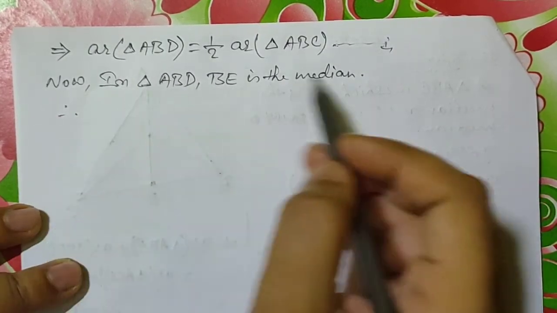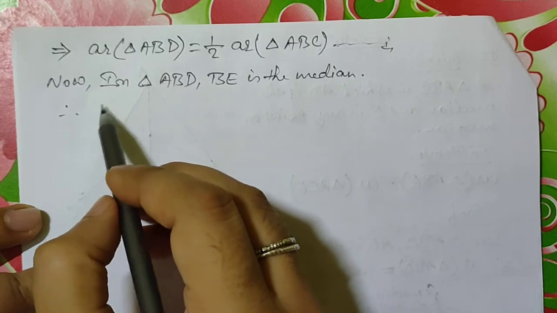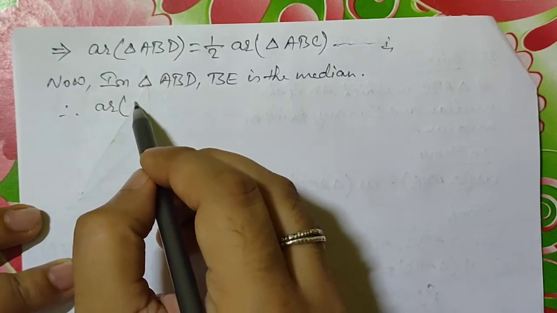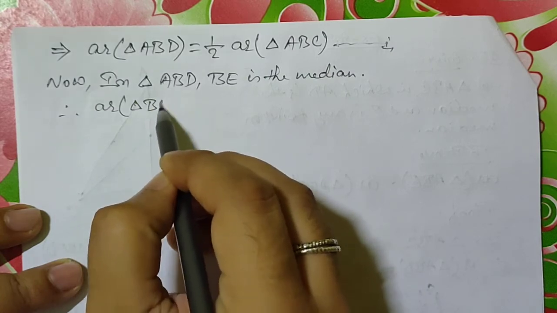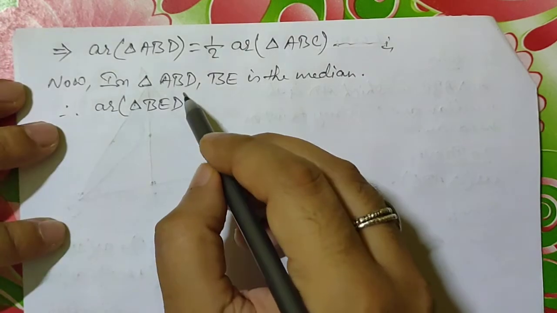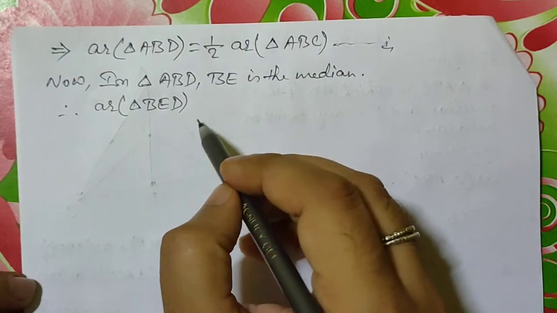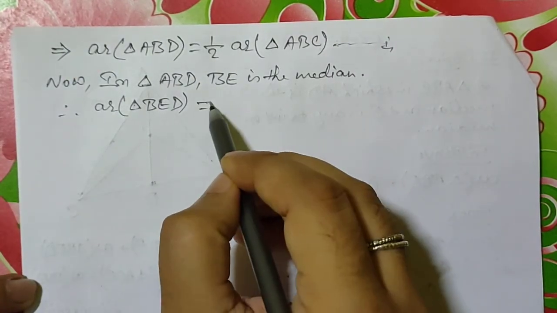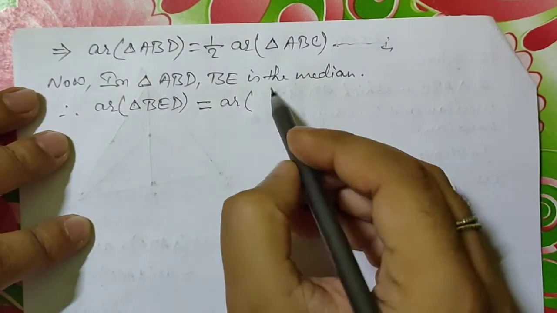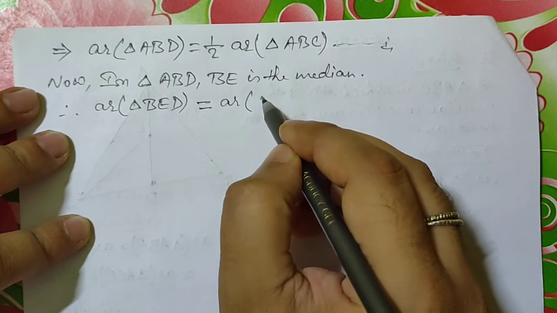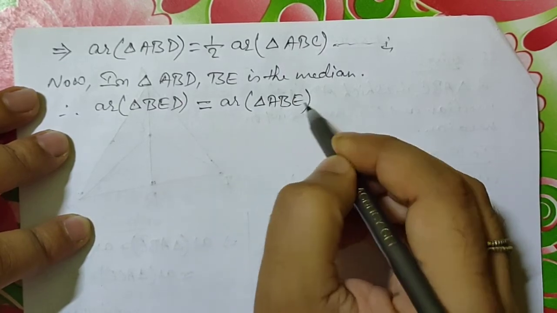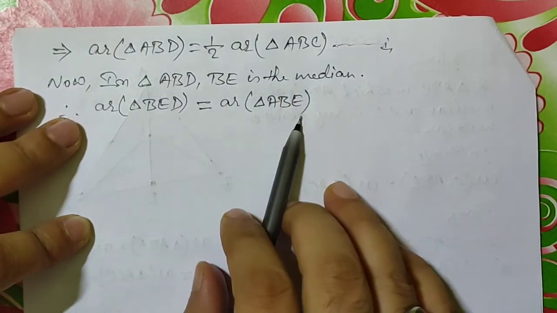So in triangle ABD, BE is the median, therefore area of triangle BED, as given in the question, is equal to area of triangle ABE. Now area of triangle BED is equal to area of triangle ABE.